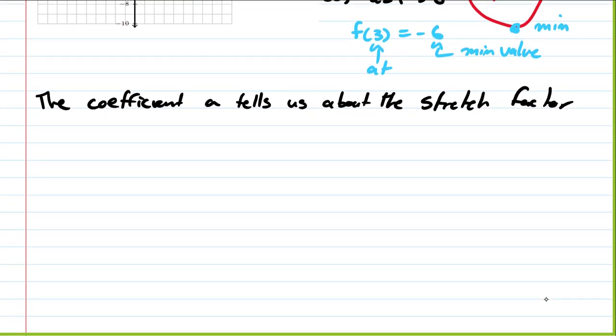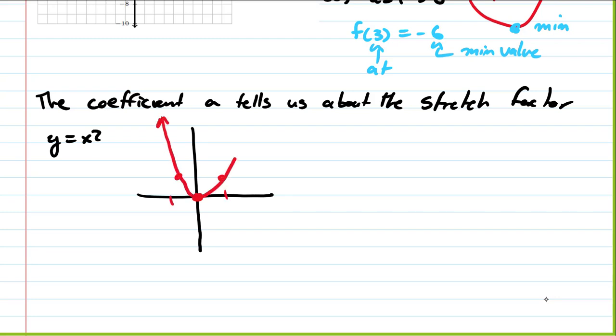So our parent function, y equals x squared, is a parabola with vertex at 0, 0. And if I put in positive 1 or negative 1, I also get 1. So our unstretched parabola, to get the 3 points we need to plot it, we went over 1 and we went up 1. The A is our stretch factor.